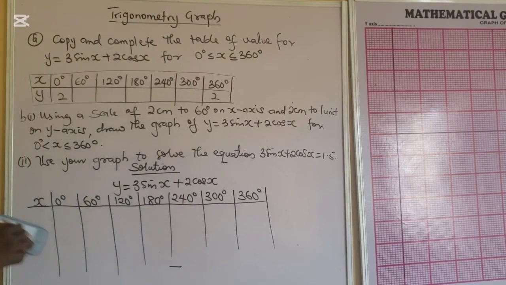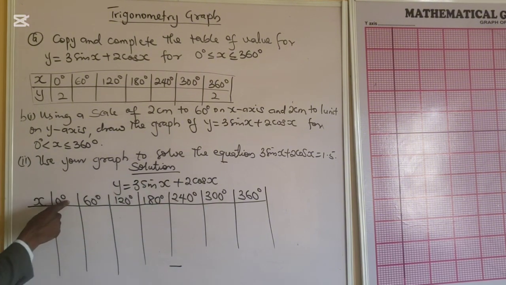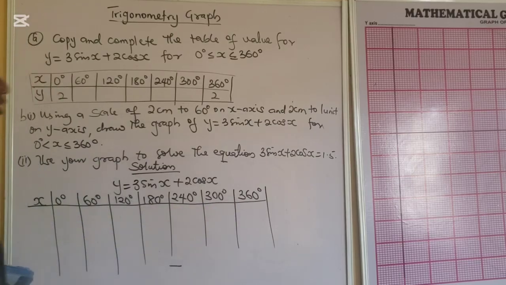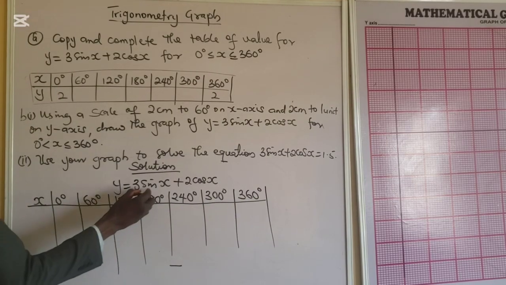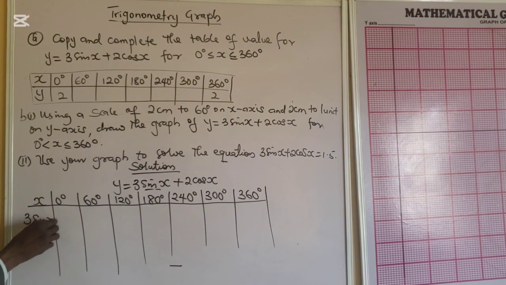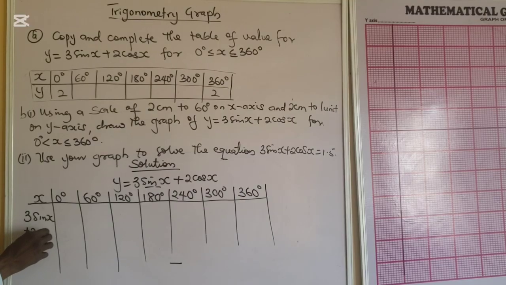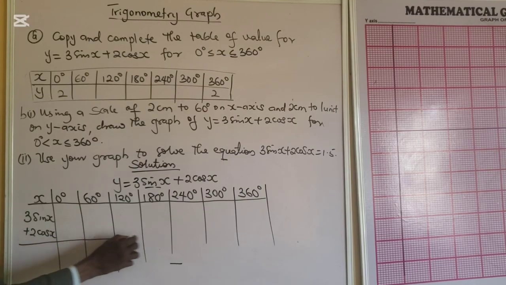Because we were told that x is greater than or equal to 0 degree and less than or equal to 360 degree. What are the two things there? The first thing there is 3 sine x. The second one there is plus 2 cos x.